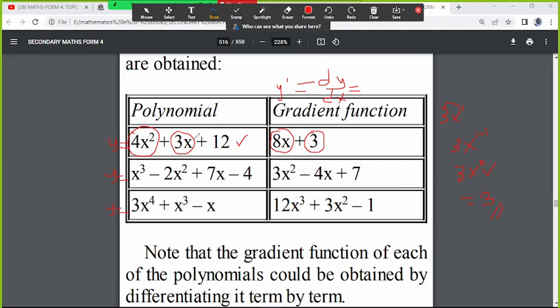So differentiating 3x becomes 3. The x disappears, but it is there, only that its power is 0. Differentiating 12, when we have just a constant 12, means there is 12x to the power of 0, so multiplying by 0, the derivative will be 0.